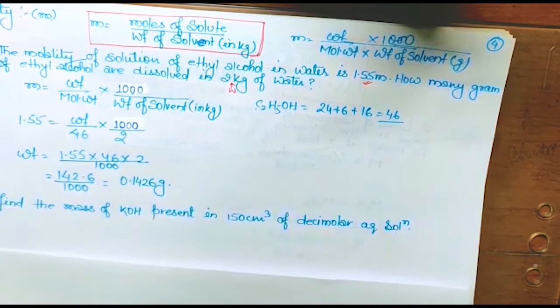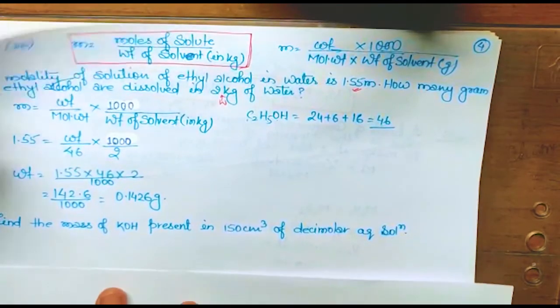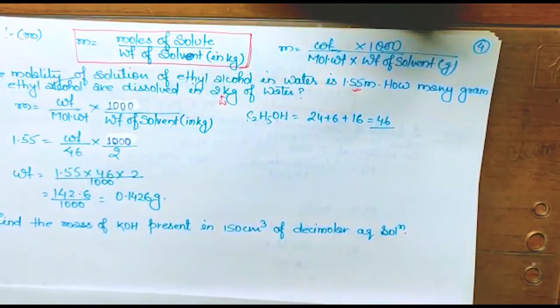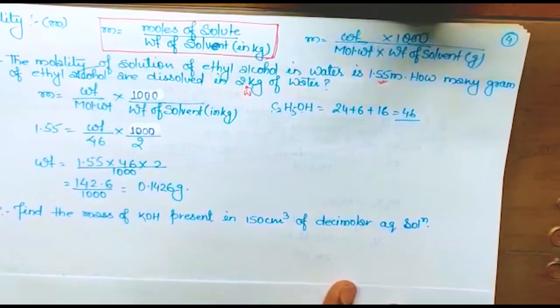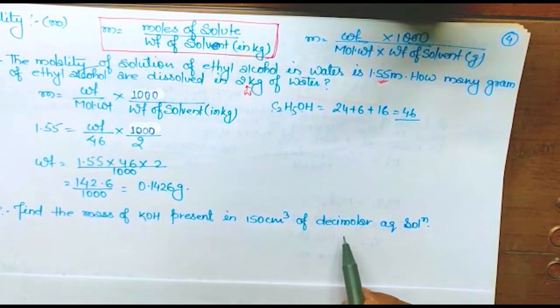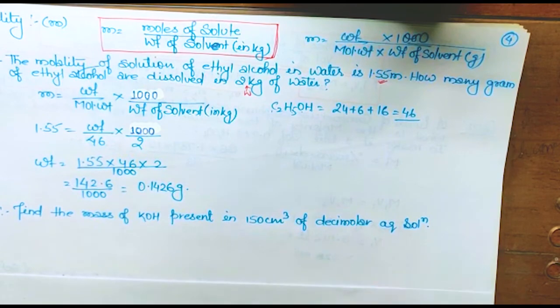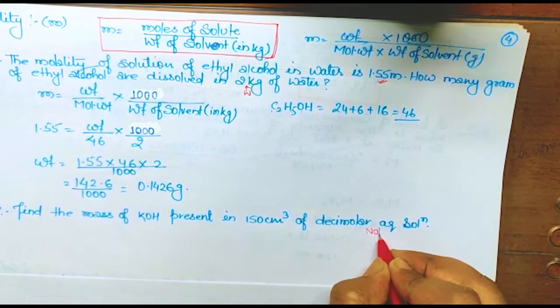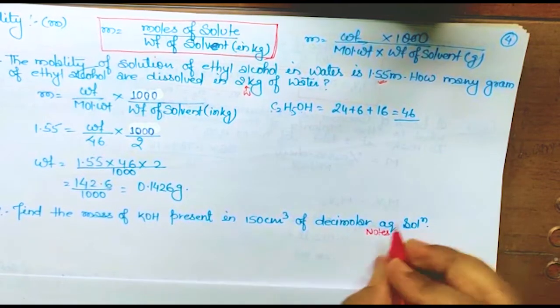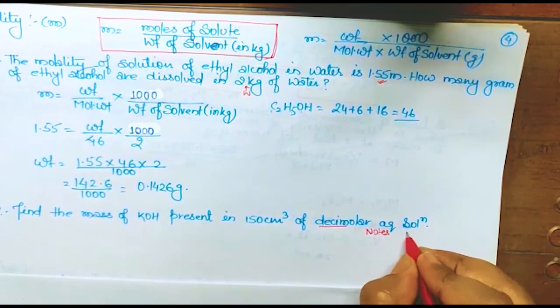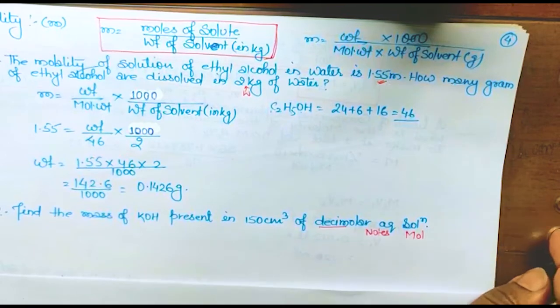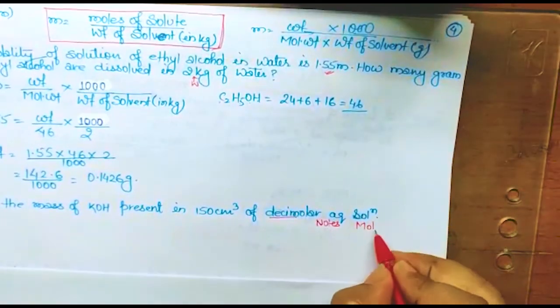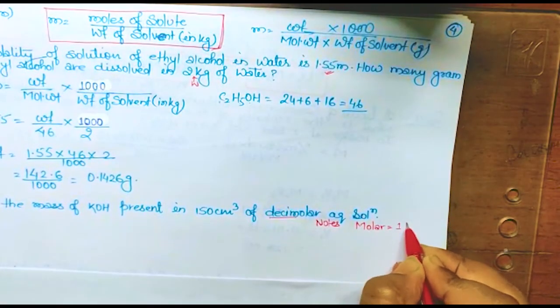The other question is written over here. Find the mass of KOH present in 150 centimeter cube of decimolar aqueous solution. Just make notes of this: decimolar. If it is written molar, we say the molarity is 1 molar.